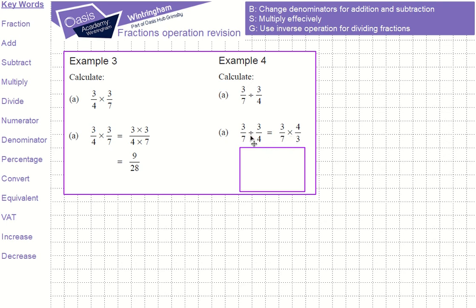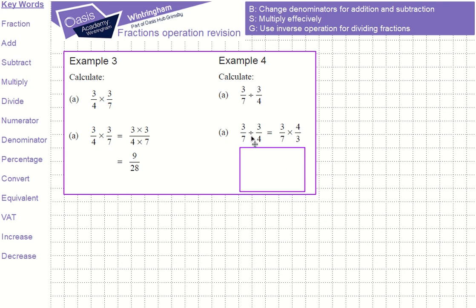So our divide sign has been changed into a multiply because it is the inverse operation. So inverse means opposite. So if we look at 3/4, our fraction then also becomes the inverse, and it's the opposite way round. So instead of 3 on the numerator on the top and 4 as the denominator on the bottom, 3 is now on the bottom as the denominator, and 4 goes on top, and that's the numerator.